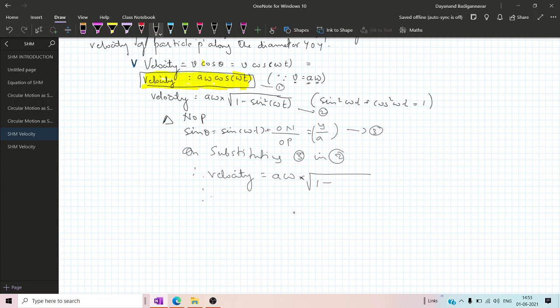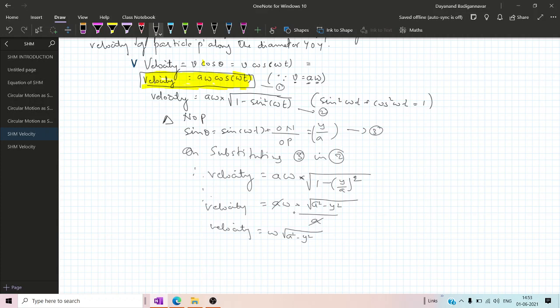Sine square is y by a whole square. If I rearrange it, that is a omega into root of a square minus y square divided by root of a square, which gives a. Therefore this gets cancelled and you are left with the velocity equal to omega into root of a square minus y square.